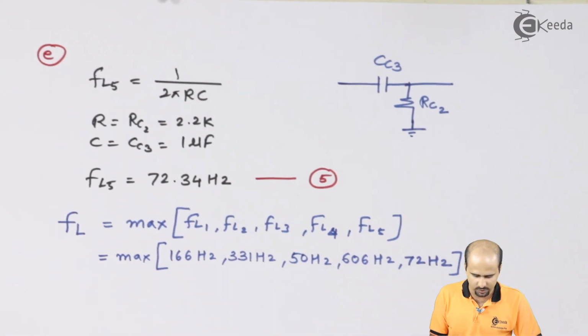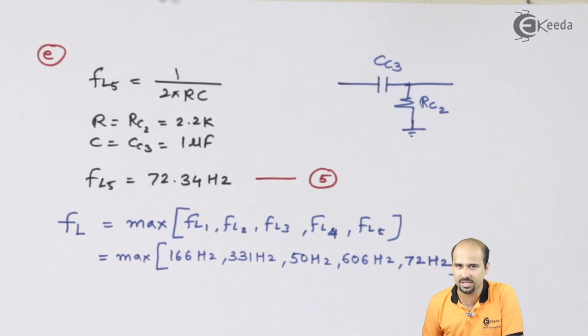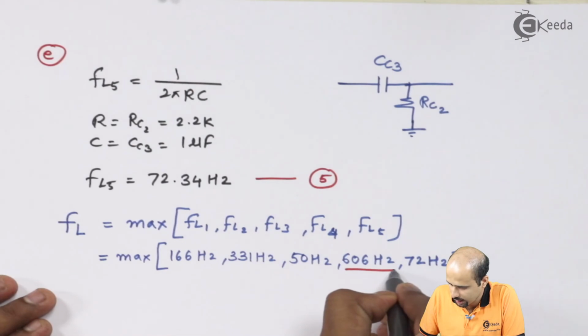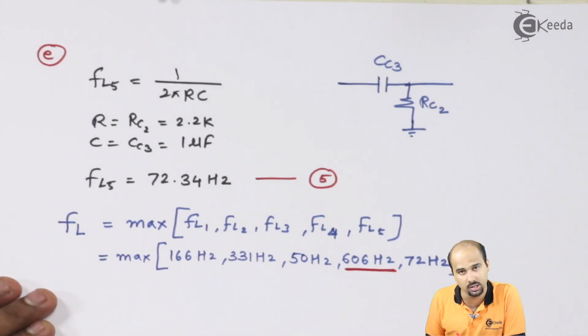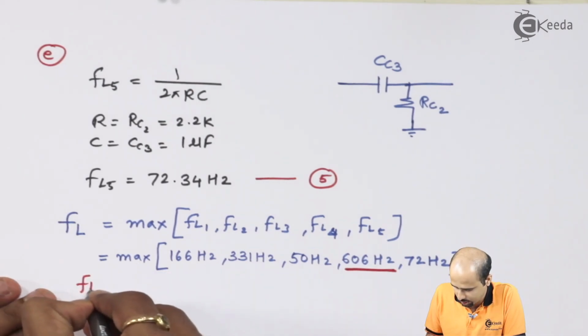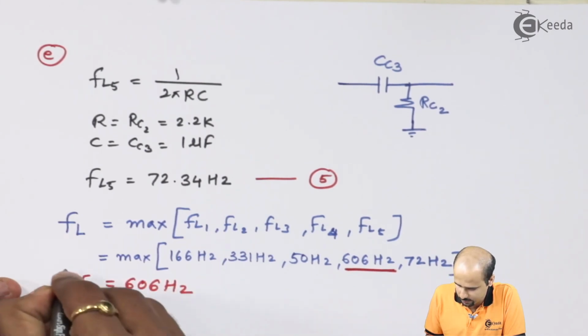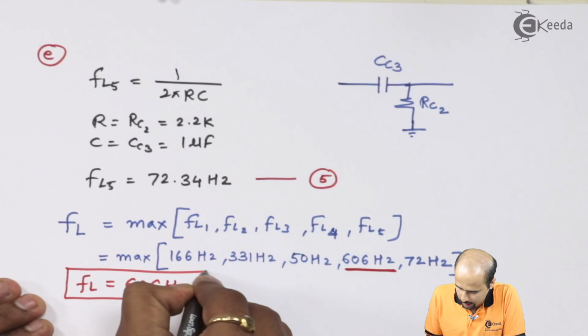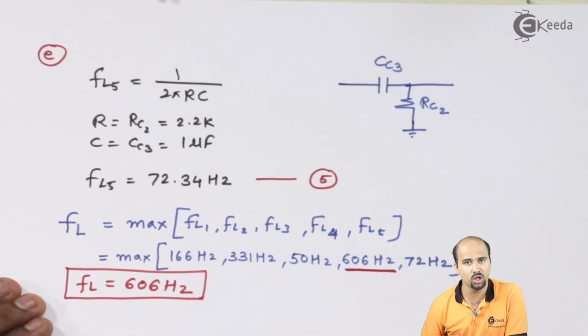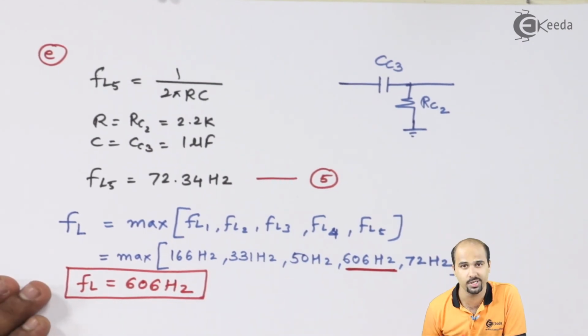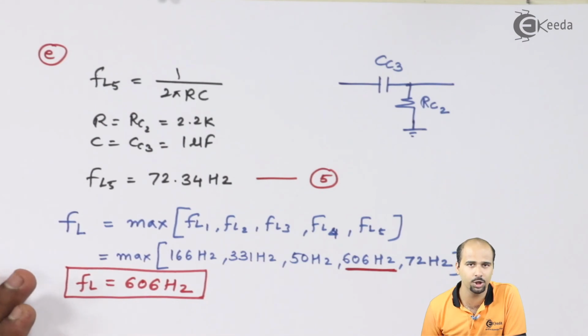Okay, now out of these 5 values we have to choose the maximum value. So the higher value is 606 hertz, so we can say that FL is equal to 606 hertz for the entire circuit, and my answer is that the low cutoff frequency is 606 hertz for the given numerical.